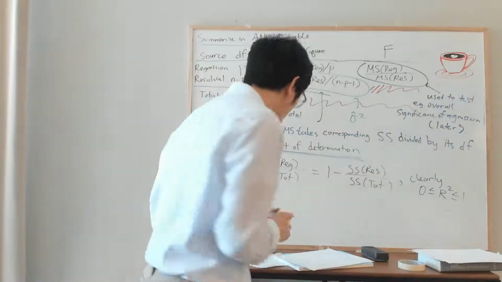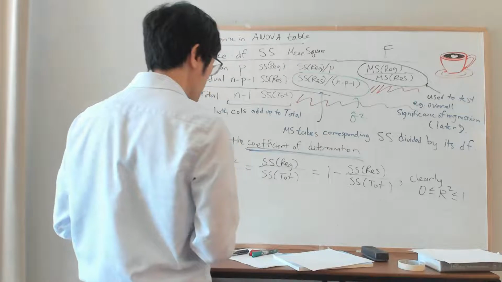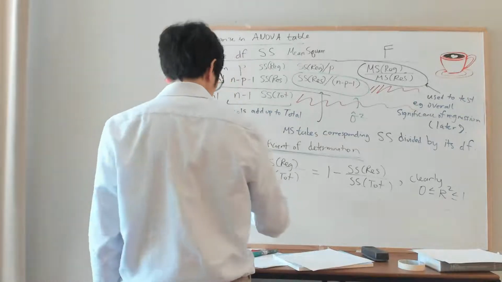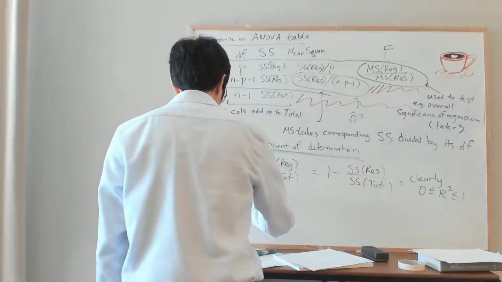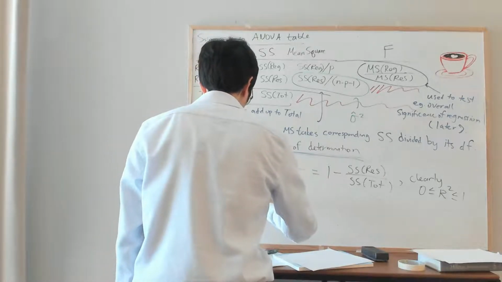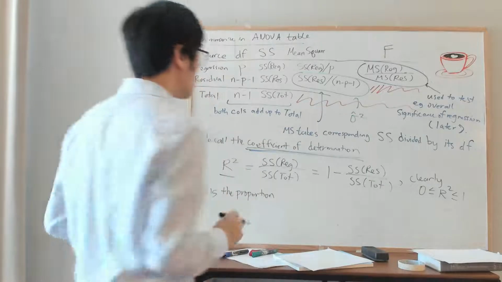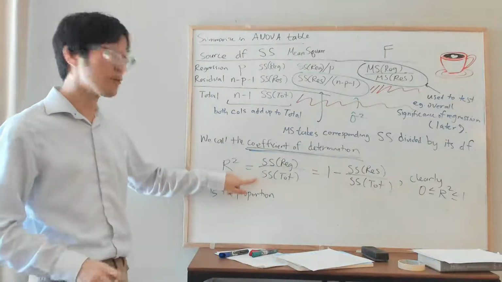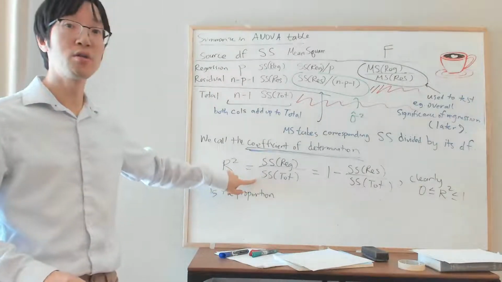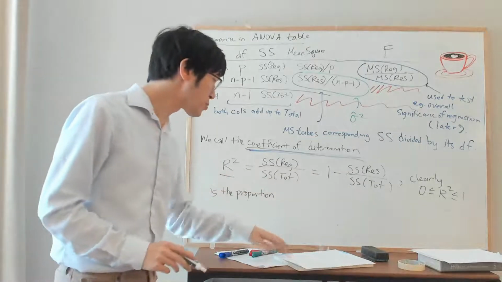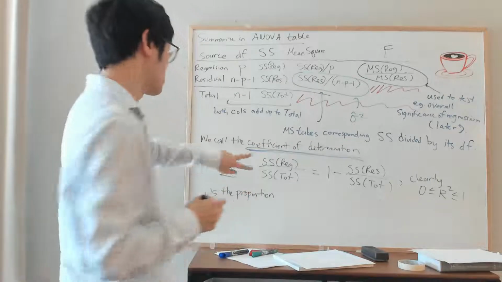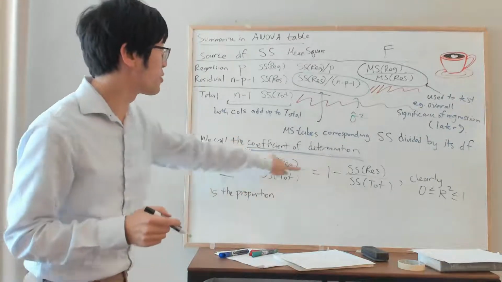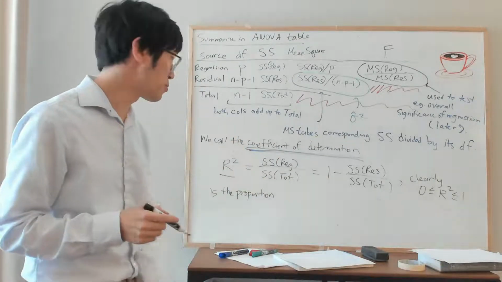Okay, so R squared is a proportion, and its interpretation can be written like this. It's the proportion, well, the proportion of what? What did we say at the beginning? The sum of squares total is one way to measure the variability in the response. So it's the ratio of the total variability in the response.